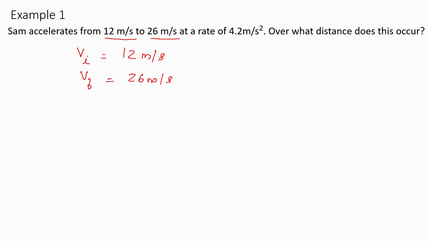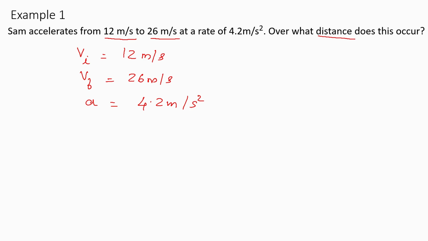Then the rate of acceleration, that means acceleration is given from the unit. It is understood. It is in meter per second square. So acceleration is given as 4.2 meter per second square. So we need to find the distance.